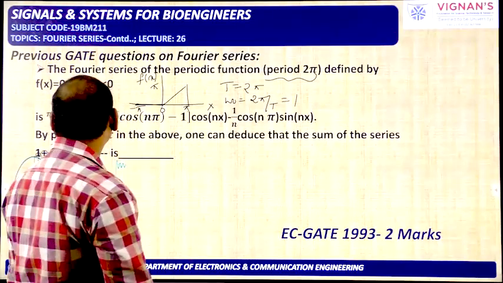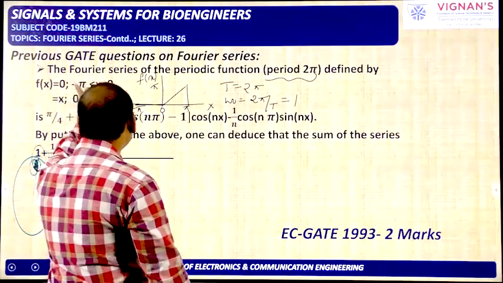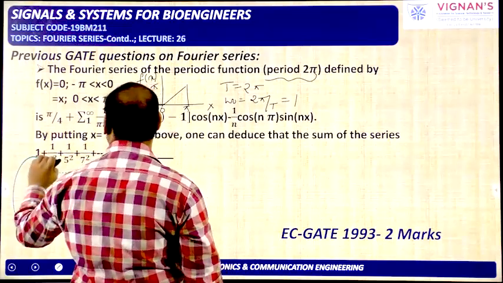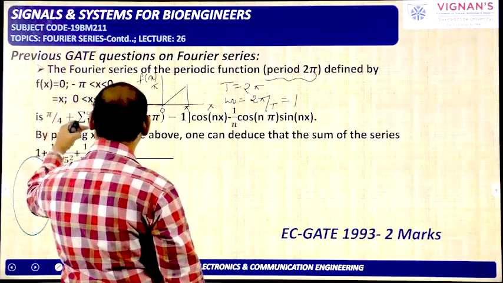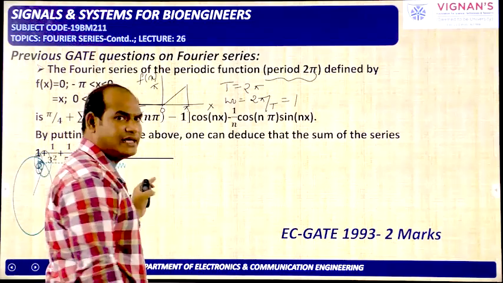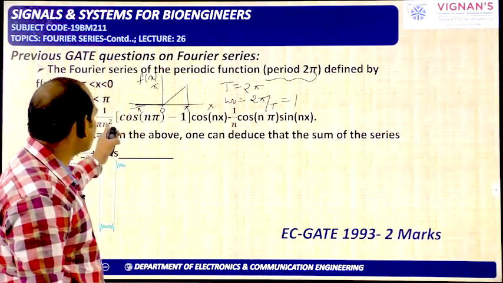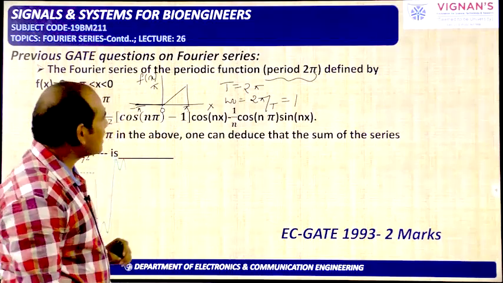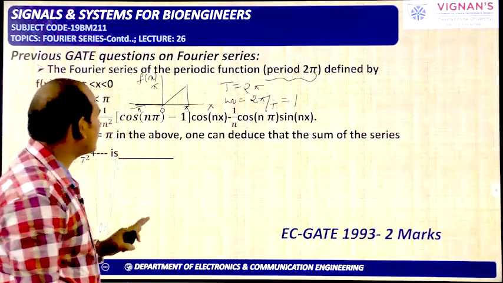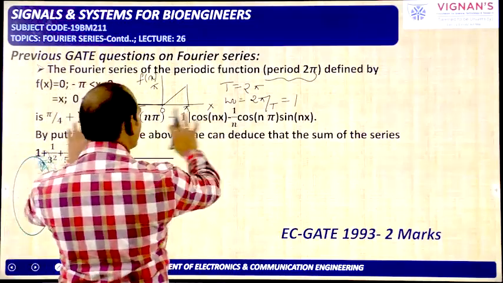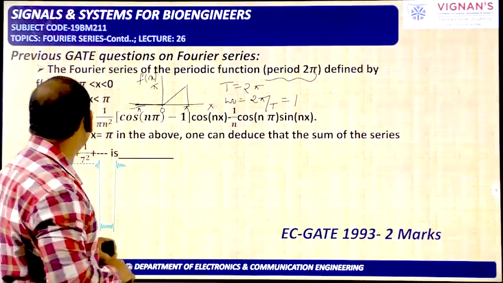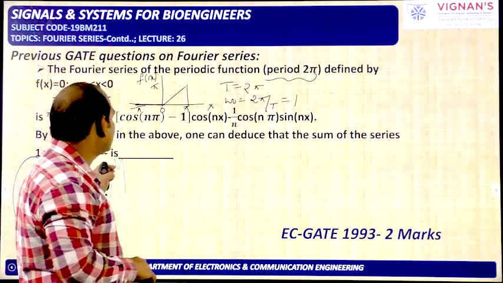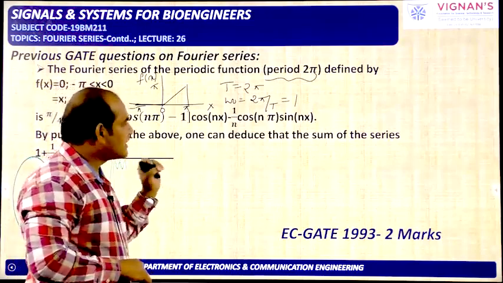Then the Fourier series expansion of this particular signal is already given: pi by 4 plus sigma n from 1 to infinity of 1 by pi n square into (cos n pi minus 1) cos nx minus (cos n pi) by n into sin nx. This is the Fourier series expansion they have given.